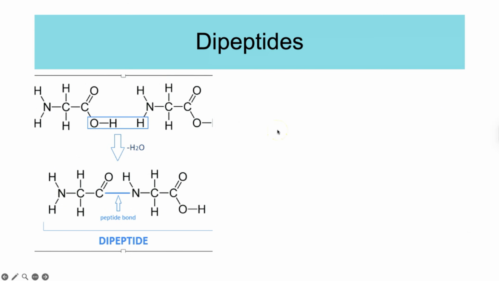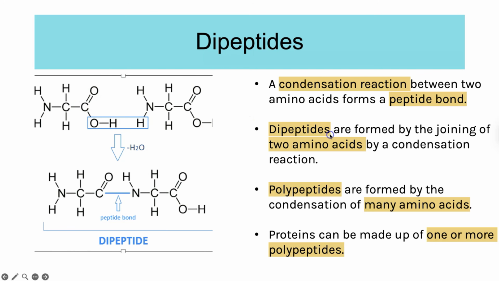To form a dipeptide, which means di means two amino acids bonded together, it is another condensation reaction. So we can see we've got the hydroxyl group removed from the carboxyl group of one amino acid, and the hydrogen removed from one amine group of the other amino acid. That is where the water is being removed from.